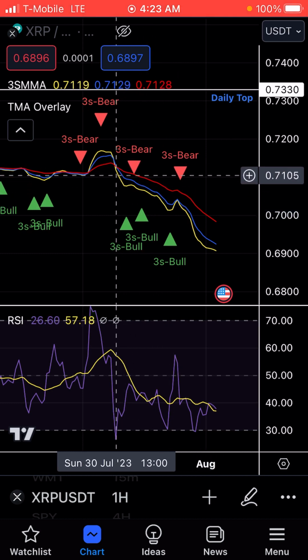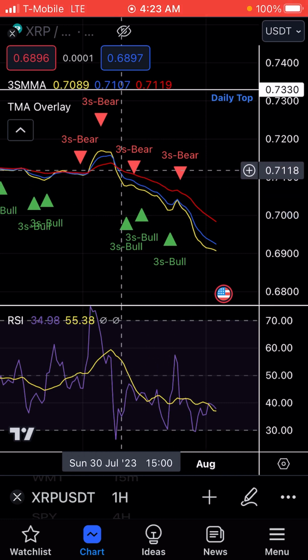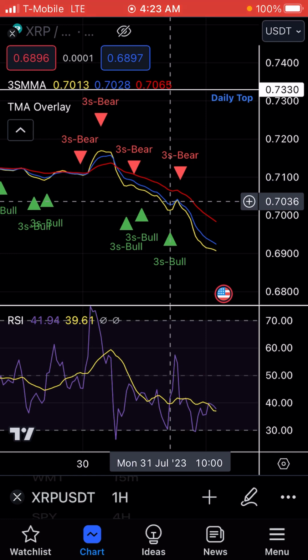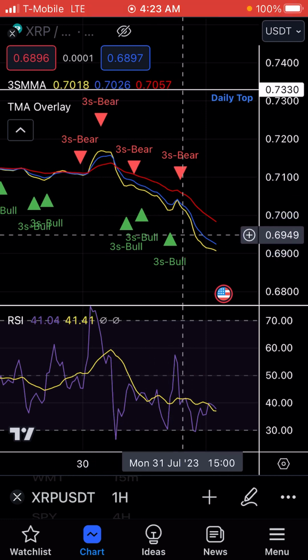So if you see it crossing right here when all the EMAs are jumbled, it's a good signal of either a downtrend or an uptrend. So you see that. Let's see, we're on XRP here. This is a downtrend.